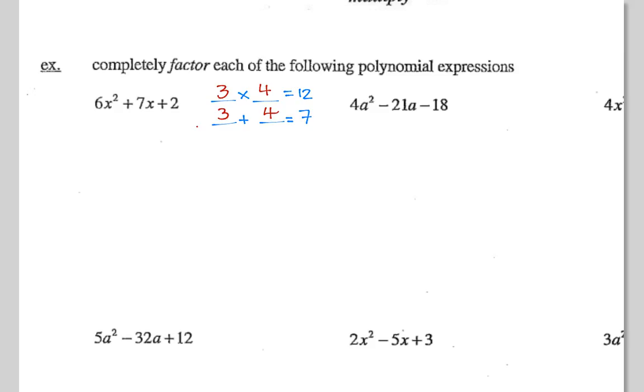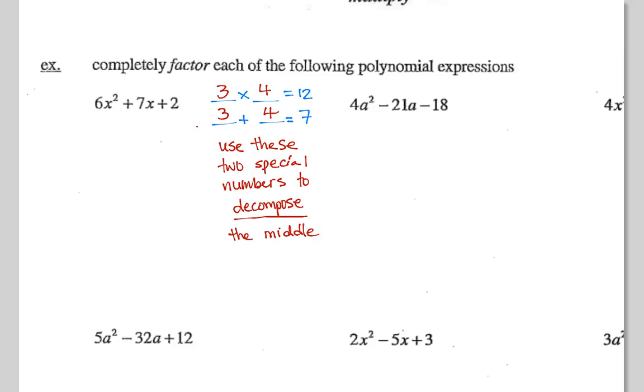Okay, now here comes the reality. I apologize, there's some background noise from my phone and the microphone. Okay, so use these 2 special numbers to decompose the middle term.